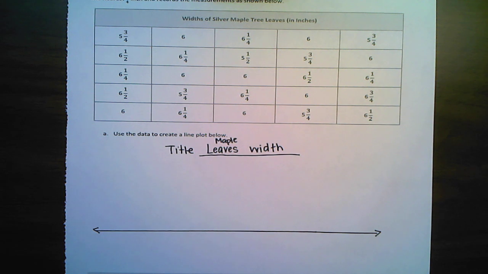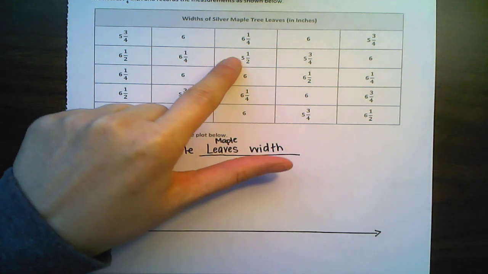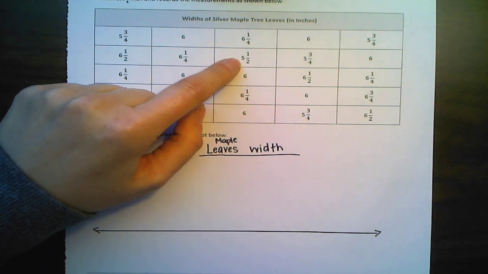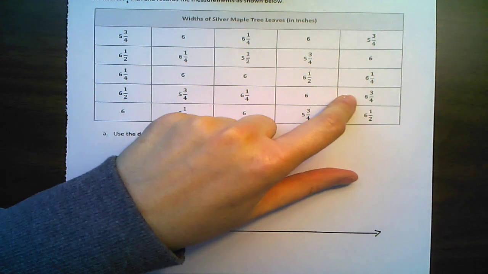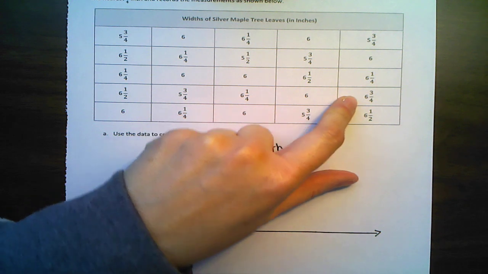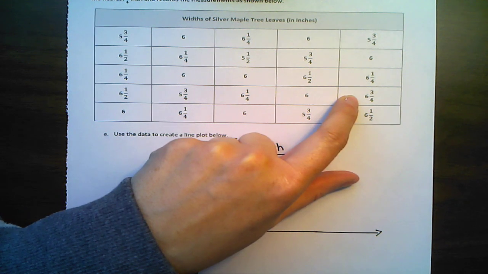So what's the lowest number you can find? Can you point to the lowest number you can find? I found 5.5. So I think it's a good idea if we start with 5.5. So let's remember that. And then what's the highest number you can find? Point to the highest number you can find. 6 3/4 is the highest that I can find.